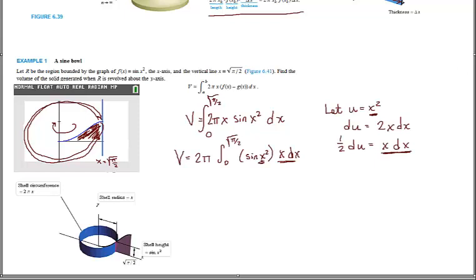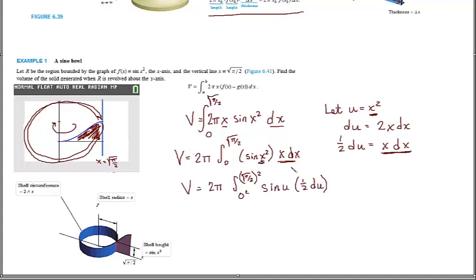Alright, just a short review of the substitution method again. I'm just rearranging. I chose my u to be that inside function, which is just x squared. I did my du, and then I solved for x dx because I saw that I had both an x and a dx here. So just rearranging, bringing my constants out front, I'm going to do my substitution and then integrate.